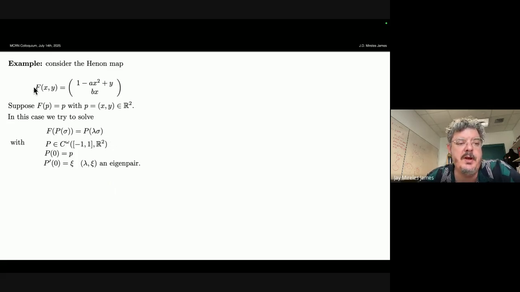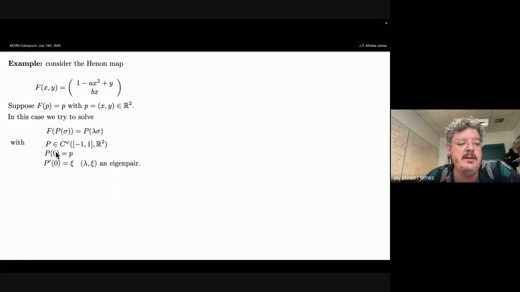In fact, because F is analytic, I'll look for analytic parameterizations, although at first we're going to proceed formally. One can justify all of this at the end: if F is analytic and we have a hyperbolic fixed point, then we can find analytic parameterizations of the stable and unstable manifolds.